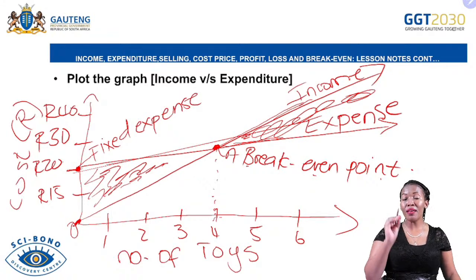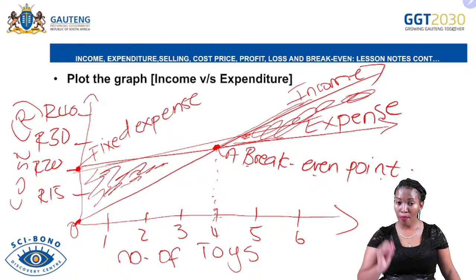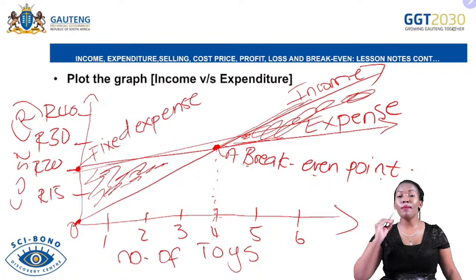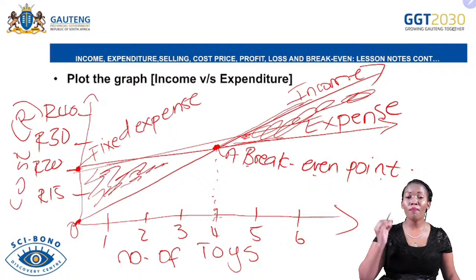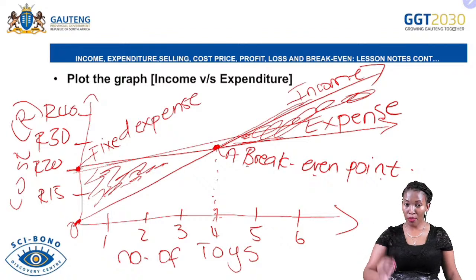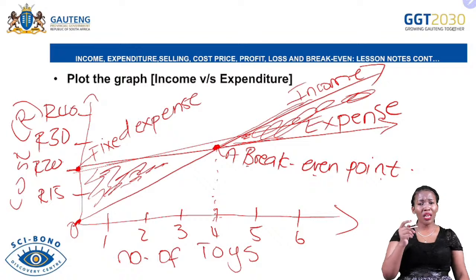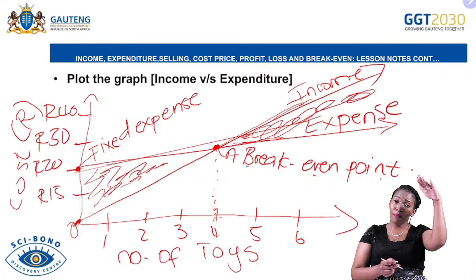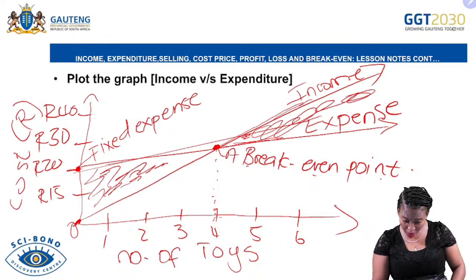Another question that can be asked in the exam: what is the minimum number of toys that must be sold for the business to start making profit? In your head, you are thinking, for a business to make profit, income must be on top of the expenses. Looking at our graph, at 4 it is the break even.